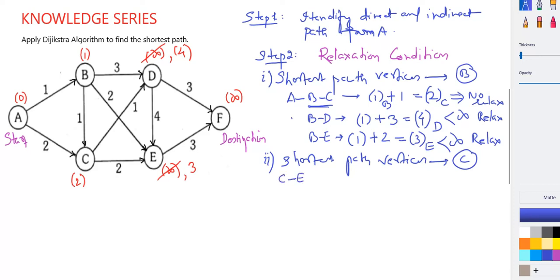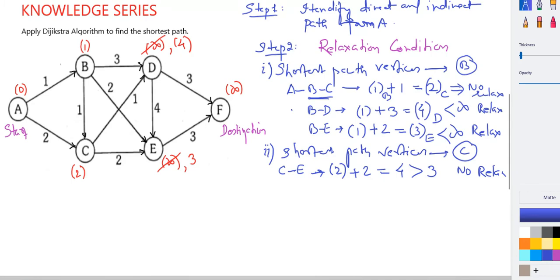If we consider this CE, this is 2, and the cost of link is 2 between C and E, that is equal to 4. And 4 is greater than 3. So it has no relax, so we can ignore.